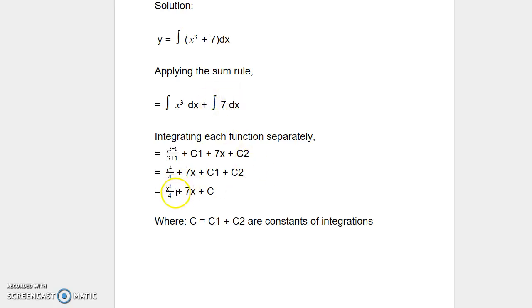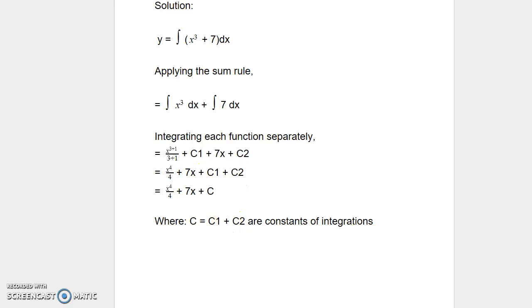When we simplify this some more, x to the power of 3 plus 1 is x to the power of 4, since 3 plus 1 is 4. And in the denominator, we have 3 plus 1, which is equal to 4. So that whole thing simplifies to x to the power of 4 divided by 4 plus 7x plus c1 plus c2. I've combined the constants at the end of the solution here.